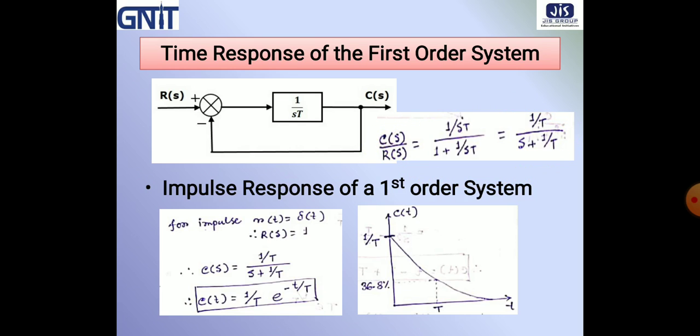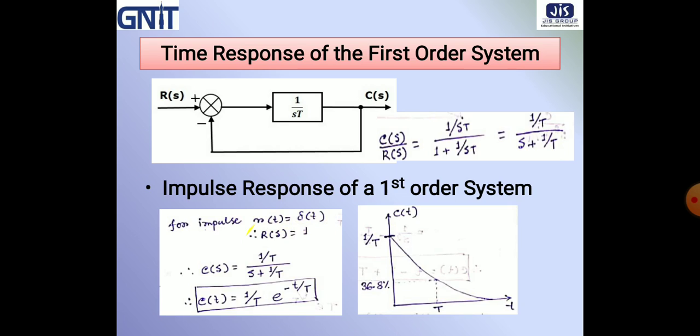Now, what is the impulse response of a first order system? If we want to calculate the impulse response, then we have to give an impulse signal as an input, that is r(t) = delta(t). If r(t) = delta(t) in the time domain, then R(s) in the frequency domain will be 1.